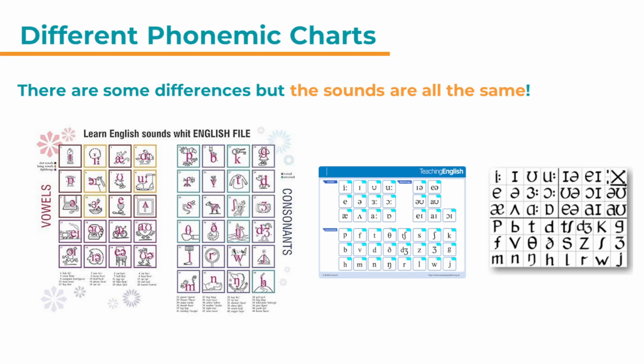And the main thing to remember is the sounds are really all the same, apart from that one little diphthong that has been added to the Adrian Underhill chart that the other charts do not contain. That's not true, actually. The English File chart does contain it as well, because there's a picture for tourist. I forgot. So all of the rest, though, is exactly the same.